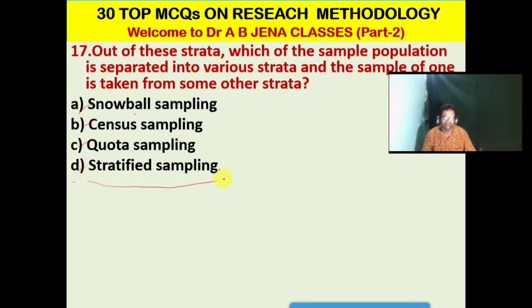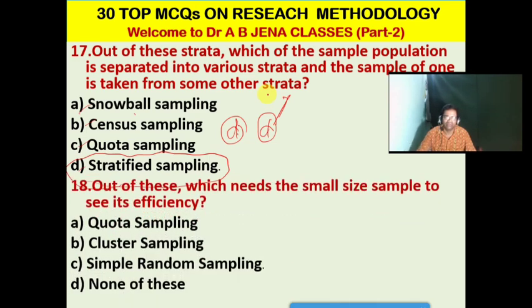So friends, so D is the right option for this MCQ. So out of these, the population is separated into various strata and the sample is taken from some other strata in stratified sampling. So D is the right option for this MCQ.